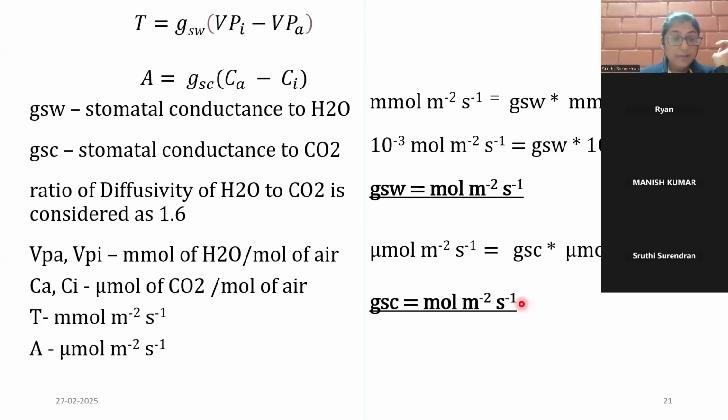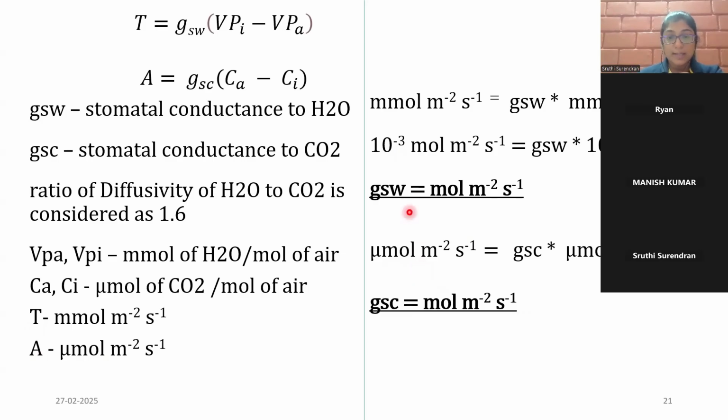So we understand from here that the unit of transpiration will be in millimoles of water per meter square per second. Unit of assimilation will be in micromoles per meter square per second, and stomatal conductance, irrespective of whether it is towards water or towards carbon dioxide, will be in units of moles per meter square per second.